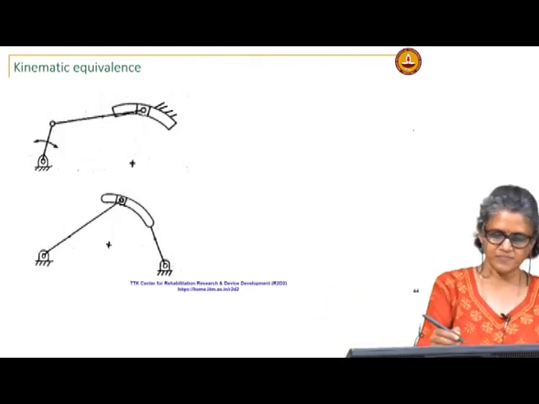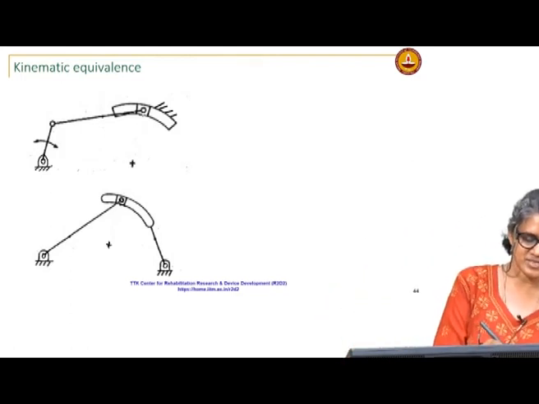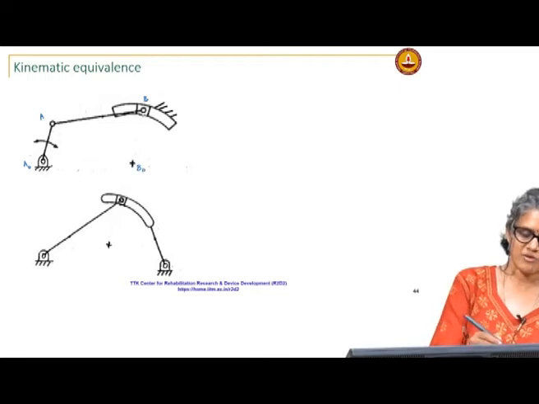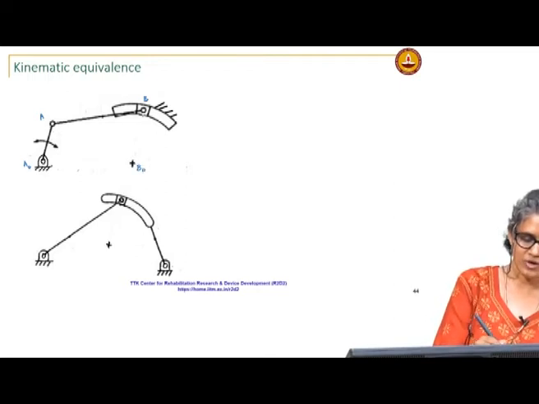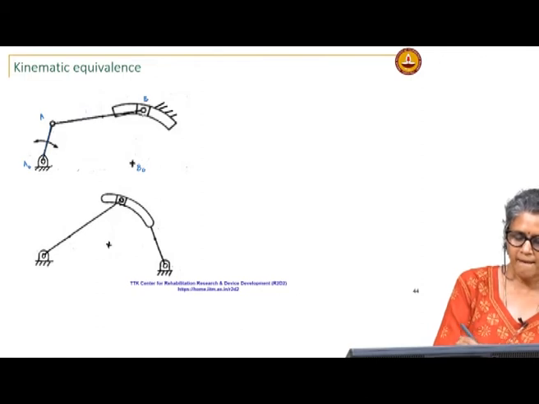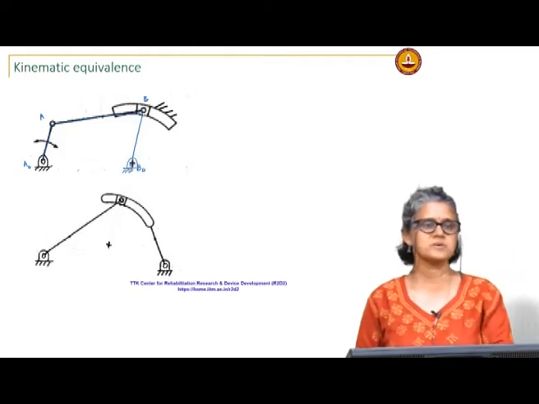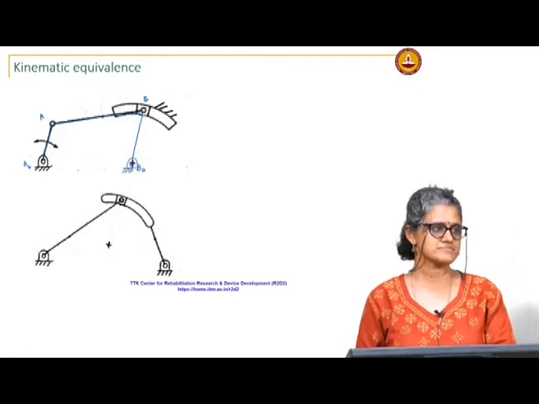Essentially here, if this is A naught A, if this is B, then this will be B naught. So, my 4 bar will be A naught A, A B, B naught. So, this will be my equivalent 4 bar.